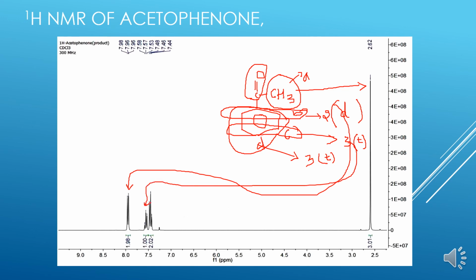The para and meta protons are triplets here, ortho is a doublet, and this one is a singlet. Totally four peaks are observed: one for the methyl group protons, and the other three for the aromatic ring.